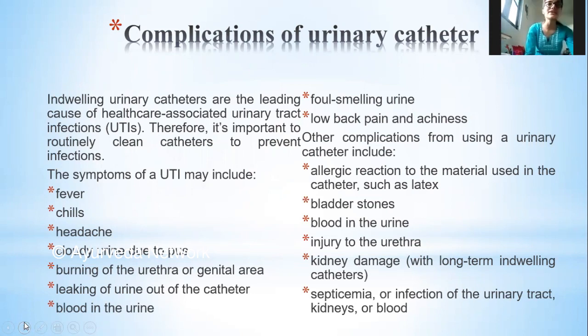We discussed certain regional symptoms: there could be redness, swelling, pus discharge, etc. Other symptoms could be that the patient may have fever, chills, headache, and in the urobag you may find cloudy urine due to pus, and there would be a burning sensation in the urethra or genital area, and there could be leakage out of the catheter, and you could even find blood in the urine. So these are the common ones.